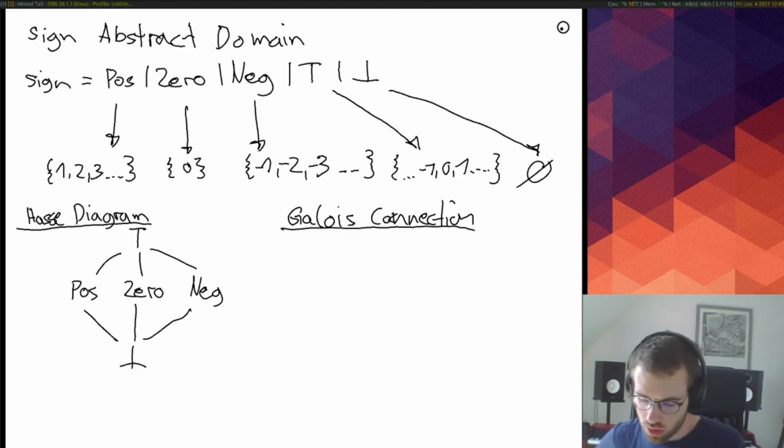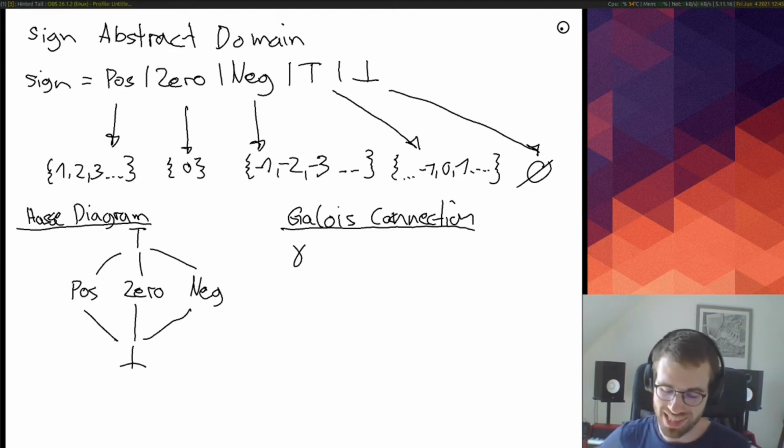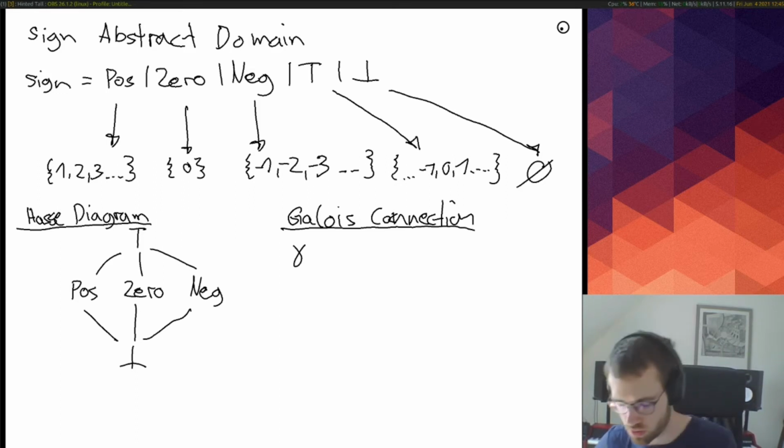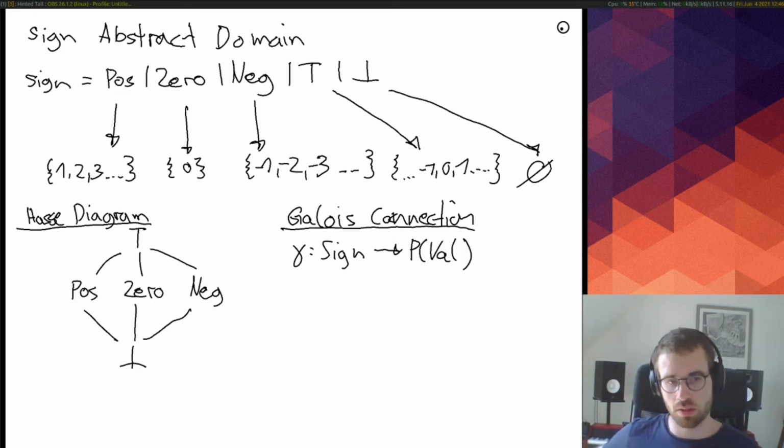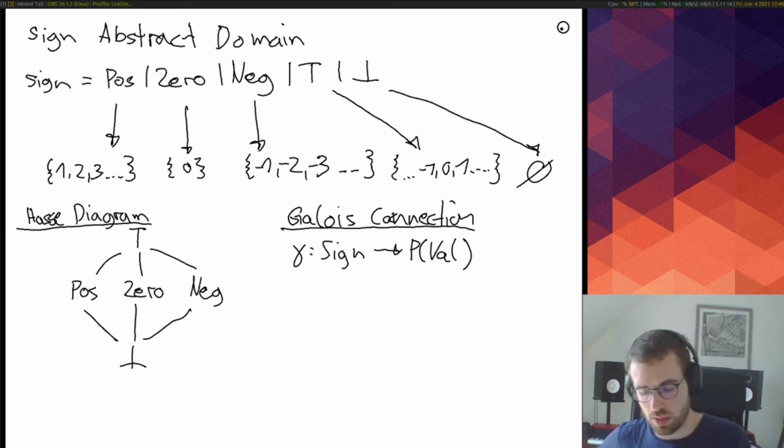So one of these functions is called the concretization function, and it goes from the set of abstract values to the set of concrete values. So it takes a sign as input and it produces something in the power set of values. And so this is exactly the mapping which I've written up here. This up here is gamma.